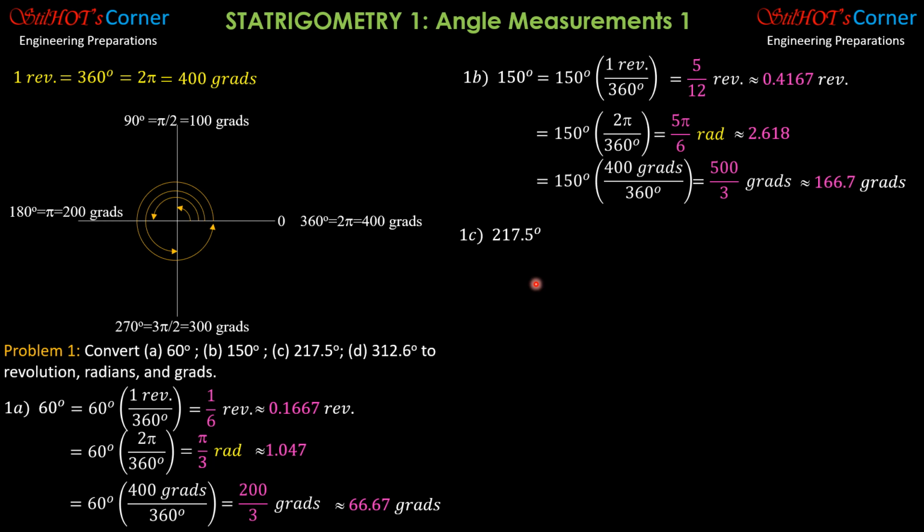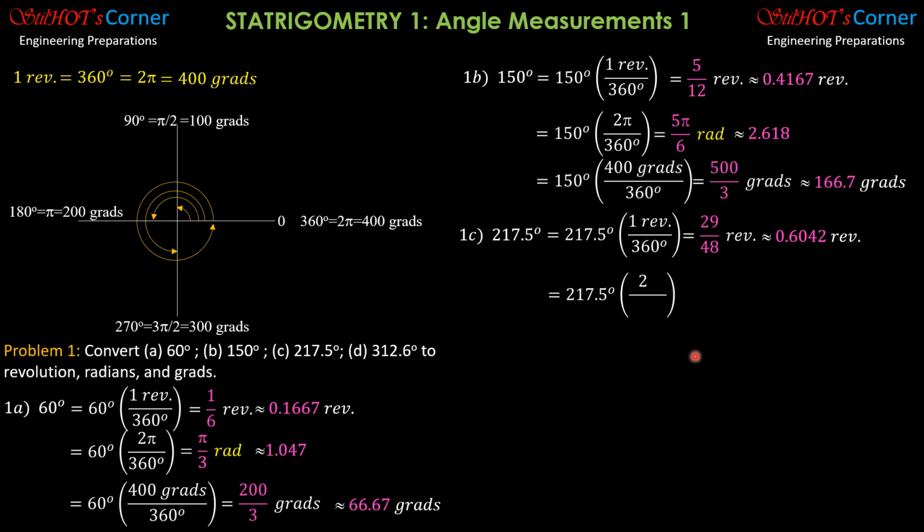1C, we have 217.5 degrees, so 217.5 degrees times 1 revolution over 360 degrees. In fraction, that would be equal to 29 over 48 of a revolution, to be exact. In decimal, 0.6042 of a revolution to 4 significant figures. Then 217.5 degrees times 2 pi over 360 degrees.